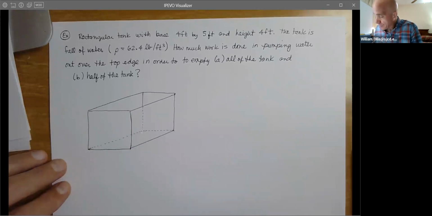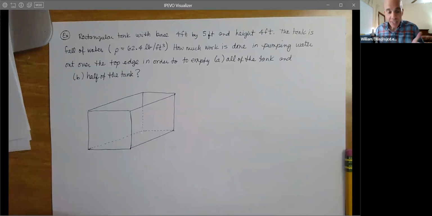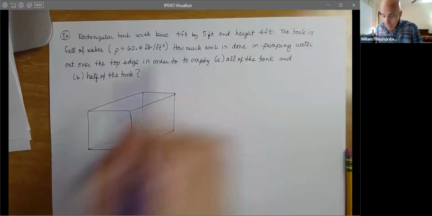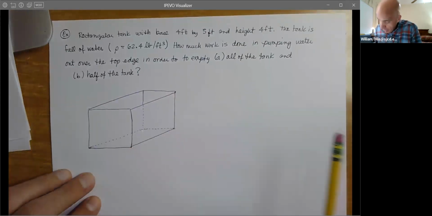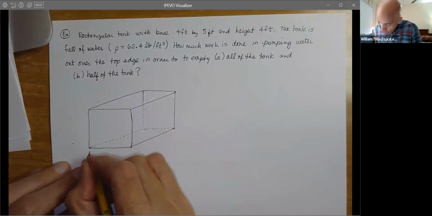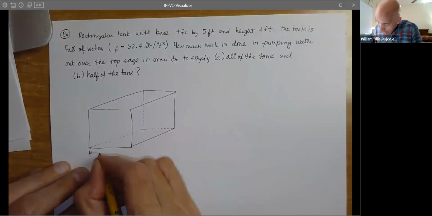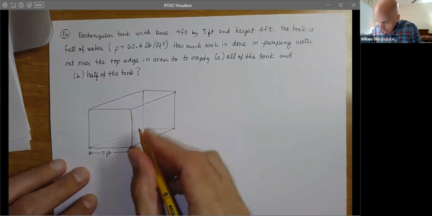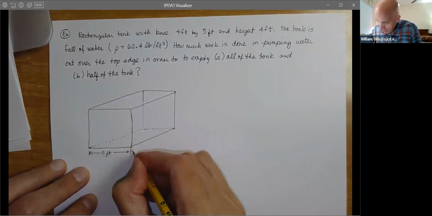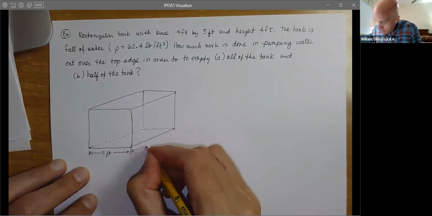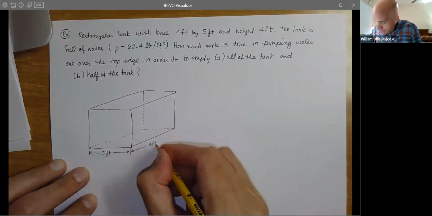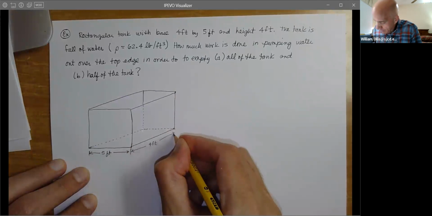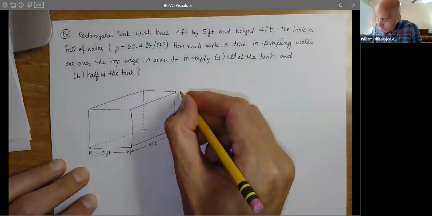So now we can go ahead and use some of these dimensions here. Like I'll put, say, 5 feet here. Doesn't matter. 5 feet. And then a 4-foot edge, and then a 4-foot height.